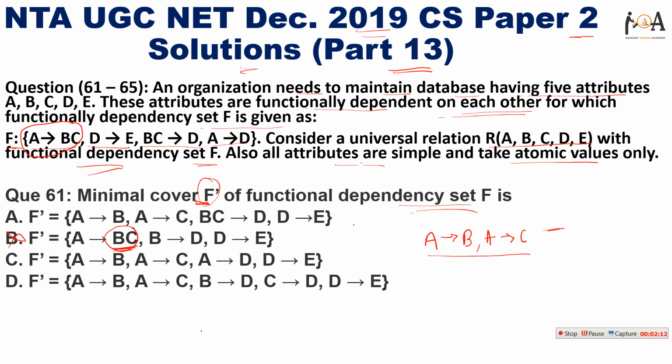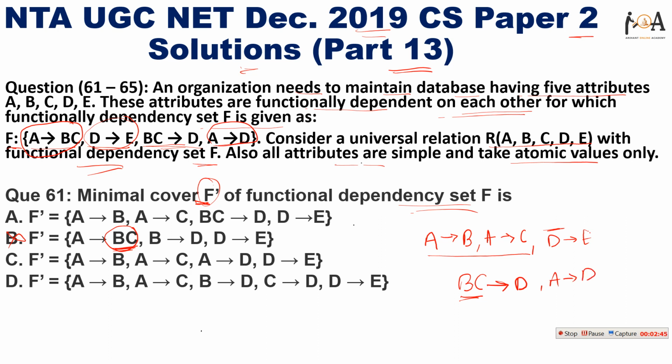Now D derives E, I can write it exactly like that, D derives E. Now B and C derives D. I can write it like B and C derives D, because B and C both combinedly will derive D. And then A derives D.